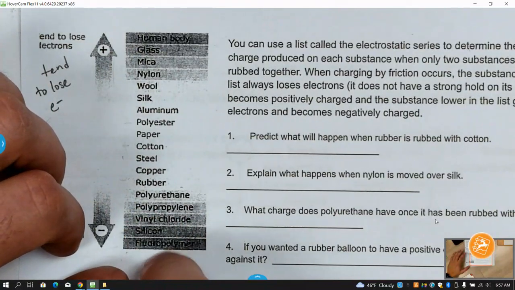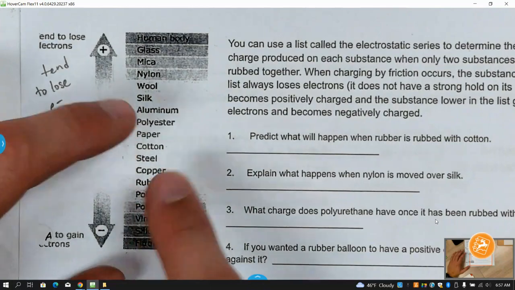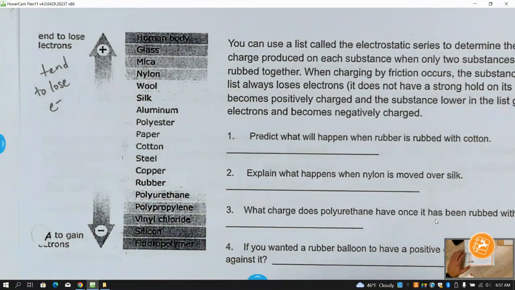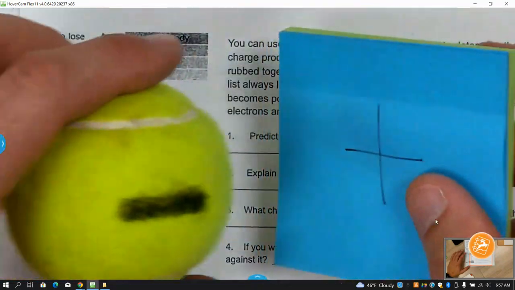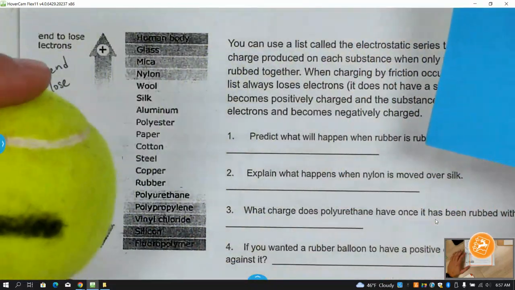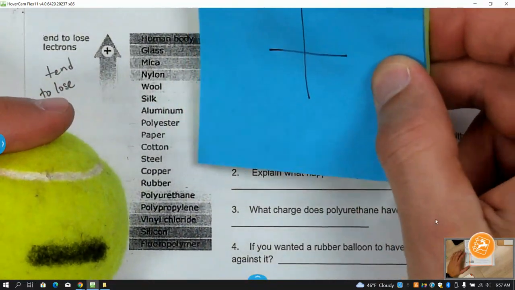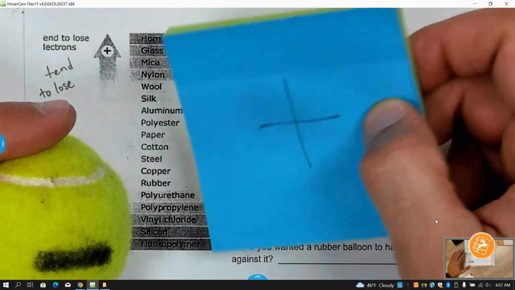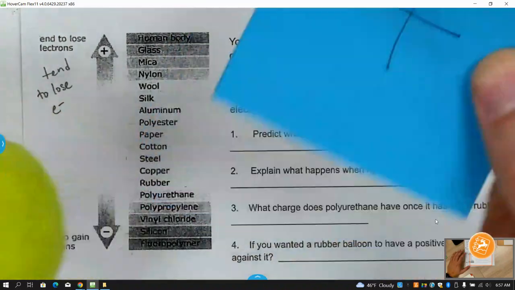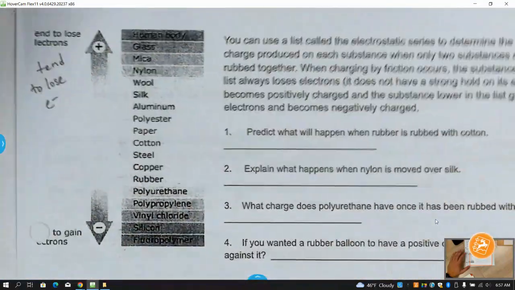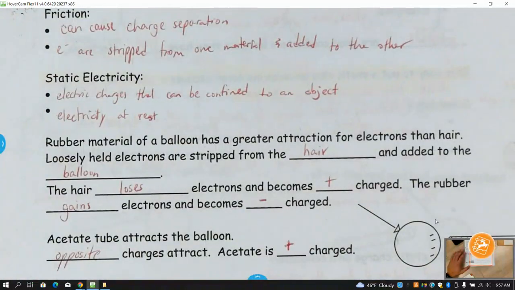So if I rub silicon with paper, silicon's stronger. Just like the tennis ball took electrons away from the paper, the silicon would become negative and the paper would become positive, or the cotton would become positive. Well, actually, any of them above it. So that's how that works.